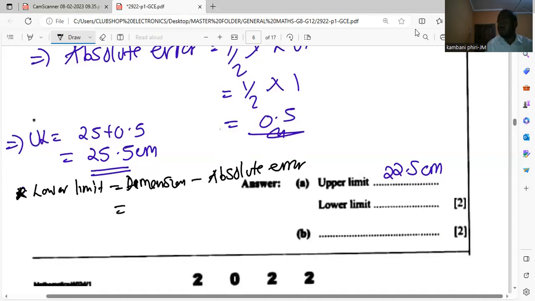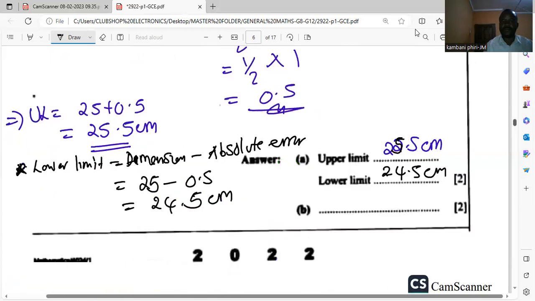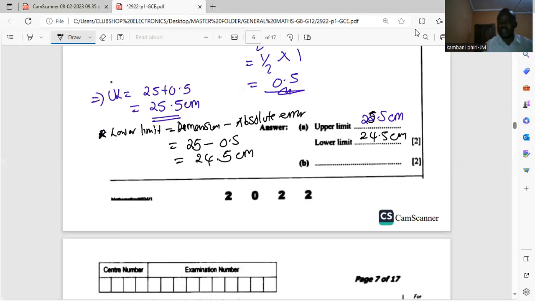So this will be equal to 25 minus 0.5. This will give us 24.5 centimeters. This is 25.5. That is how you get the upper limit and the lower limit.